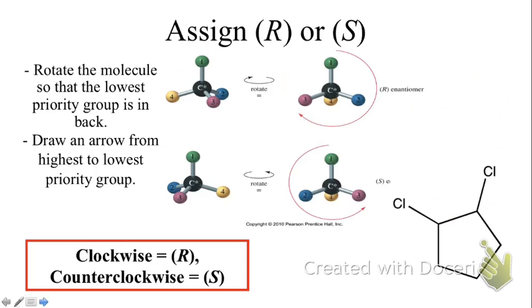We're going to take our molecule, however it may be oriented, and change its position such that our lowest priority atom, in this case 4, is aimed away from us. It must be dashed when we do our nomenclature system. If it is not dashed, you will name it incorrectly. So you must fix this.